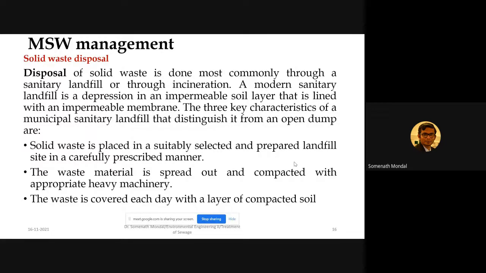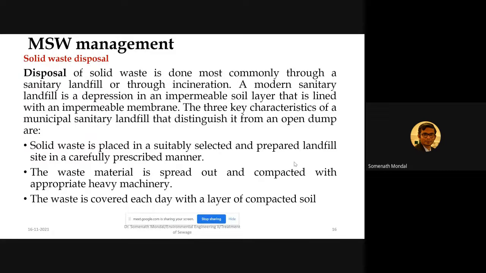That is why in today's class we'll be discussing in detail the municipal sanitary landfill, what the differences are between a municipal solid waste landfill and an open dump yard, and what the advantages are over the dump yard. Those things also we'll discuss in today's class.